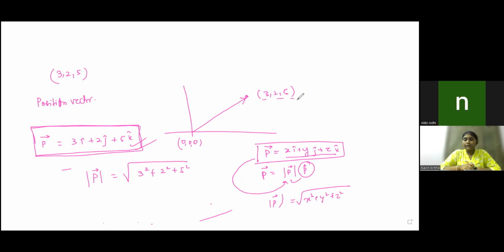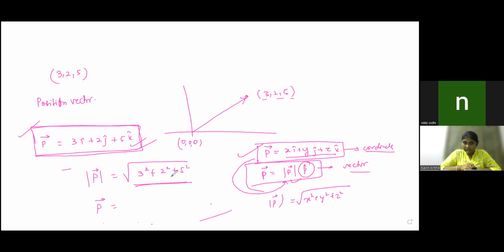There are two things. One is called coordinate form and this is called vector form. If they want you to write in coordinate form, this is the answer. If they want it in vector form, first write it in coordinate form, then find this, then write it in vector form.